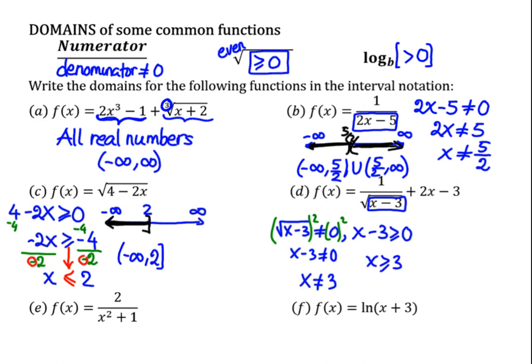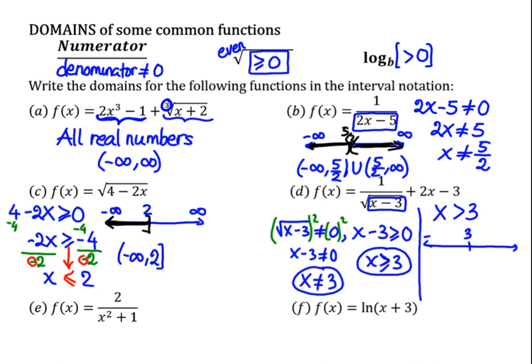Since we have to have not equal to 3 and greater than or equal to 3, it is greater than, but it cannot equal 3. So both of them combined, we have just x greater than 3. It cannot be equal. On the number line, it is greater than 3.